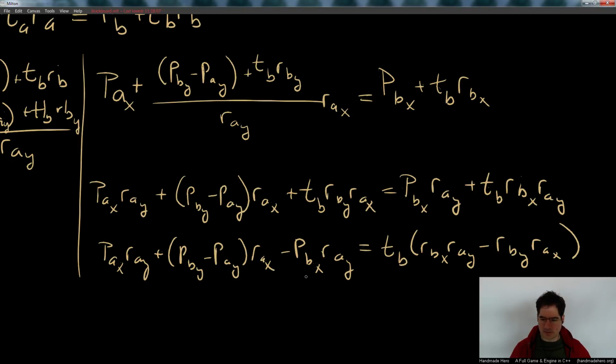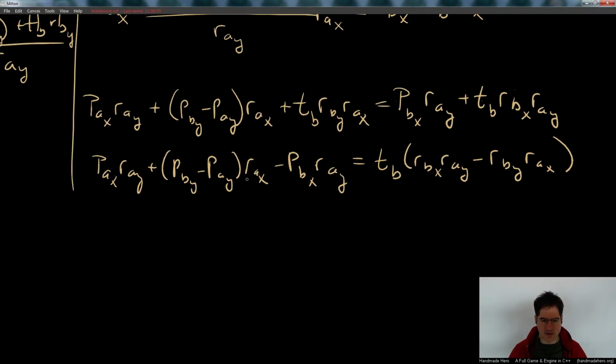And there might be something we can simplify in there. We've got a PAX, PBX, RAY. So the RAY term in this case, you can see that it produces a sort of simplified version on this side as well. So if we were to simplify these terms a little bit on the top of the numerator, you can see what we would get here.